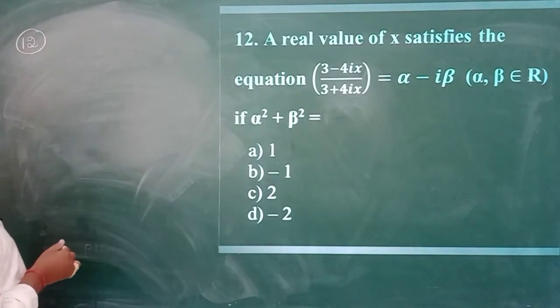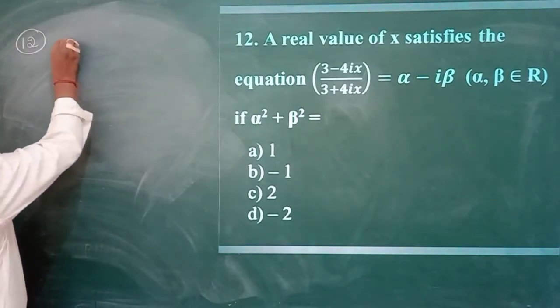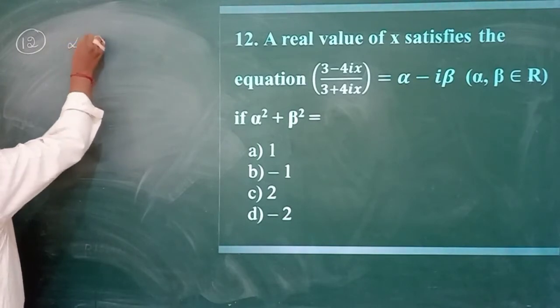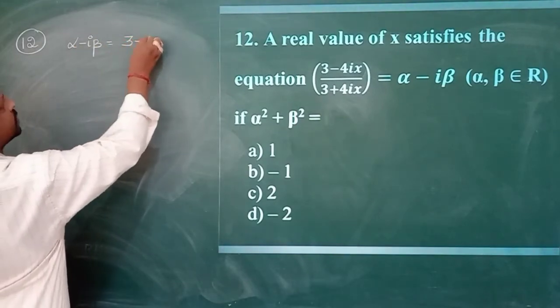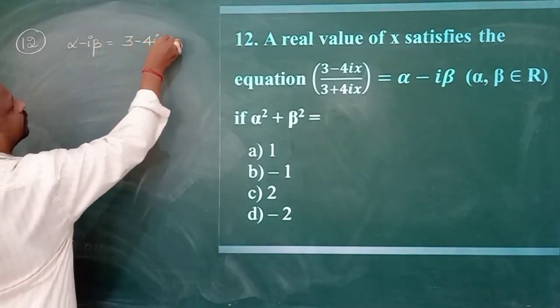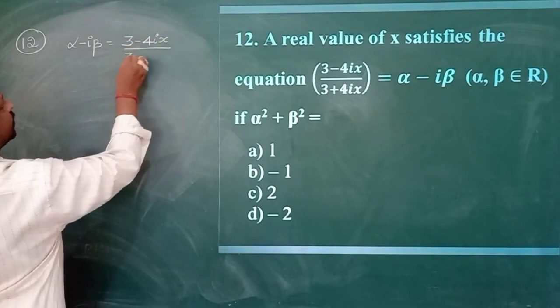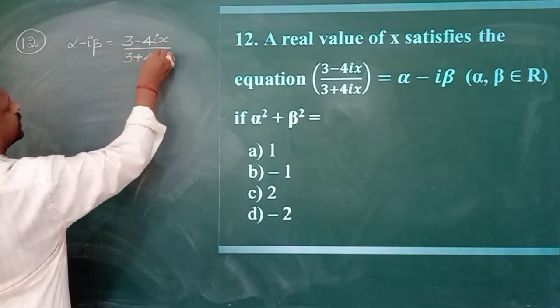The 12th one: a real value of x satisfies the equation alpha minus I beta is equal to 3 minus 4ix divided by 3 plus 4ix.